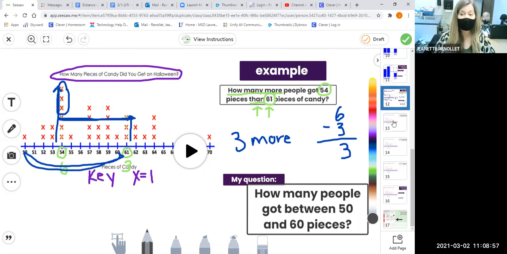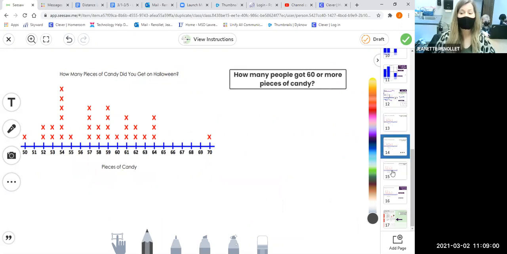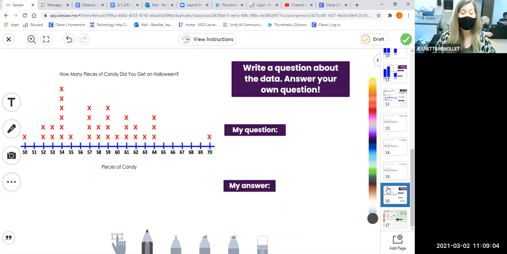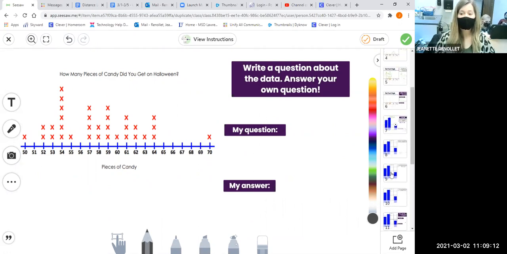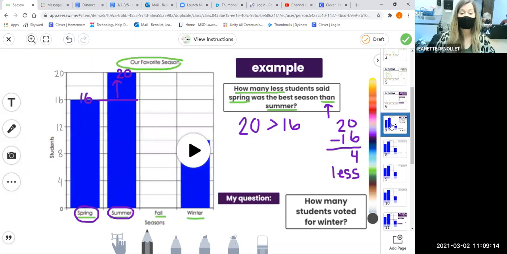After you watch this video, you need to show your knowledge answering the questions about this graph. On slide 16, you will ask your own question about the line plot. Okay? Your job today is to start on slide number 7 and finish all of the slides during your work time.